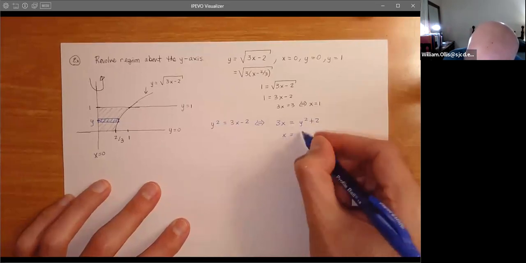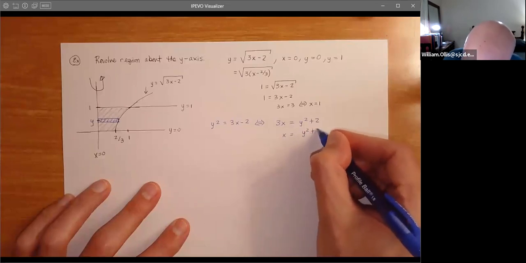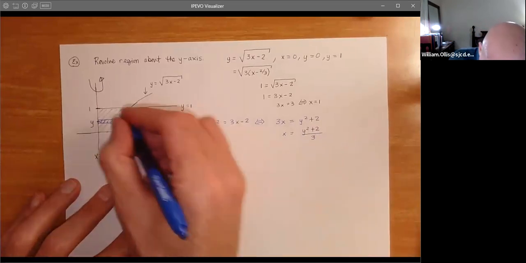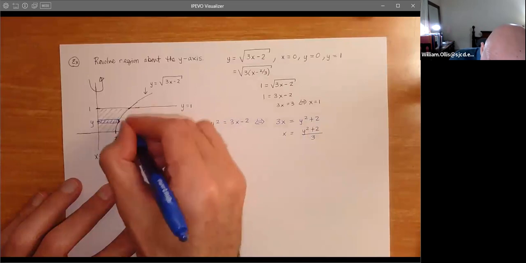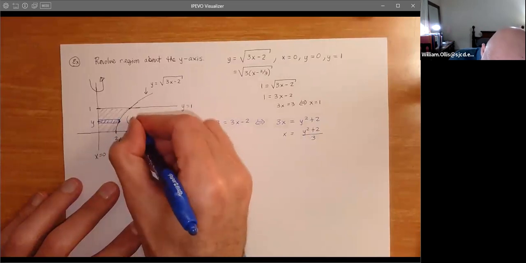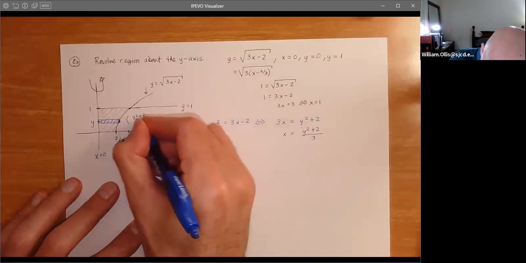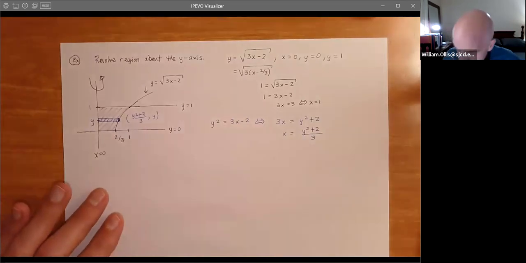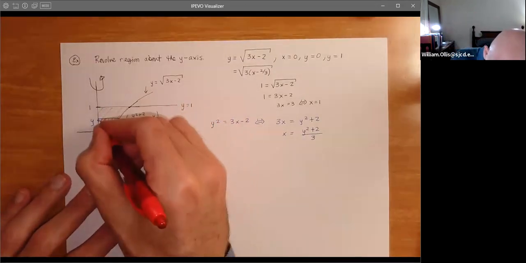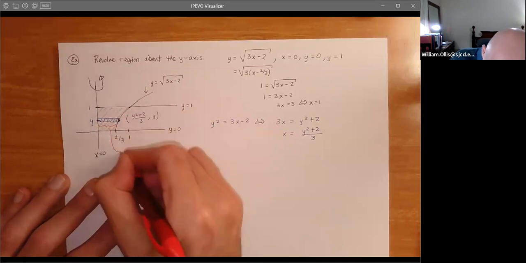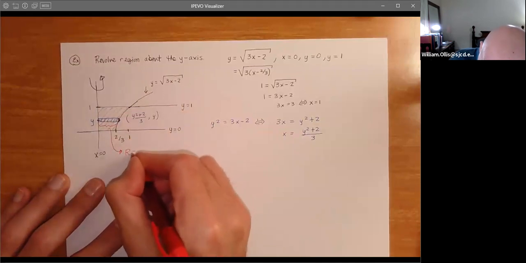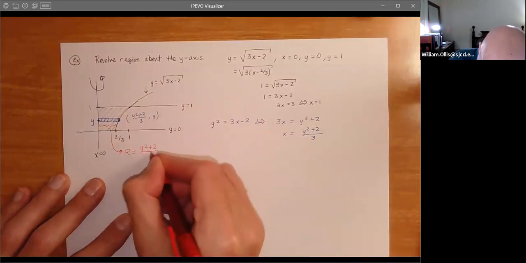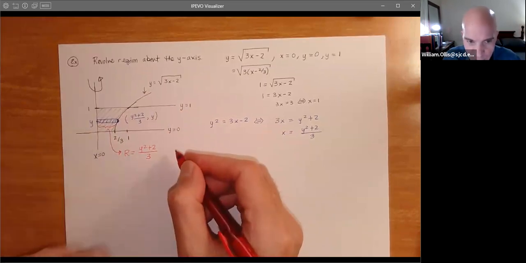So x now is y squared plus 2 divided by 3. Now when we do our little coordinates here, we have y squared plus 2 over 3, comma y. So now we see that our radius function, r of y, is just y squared plus 2 over 3 minus 0, since that x coordinate is 0.